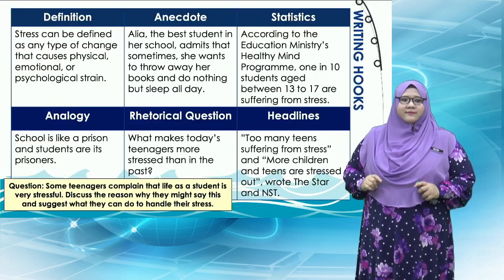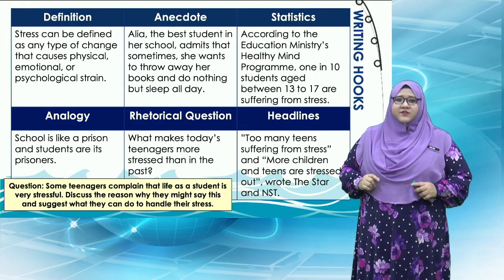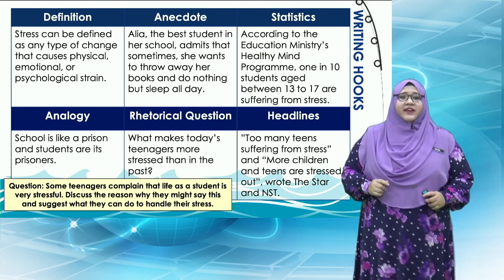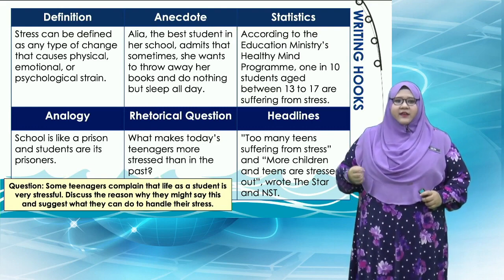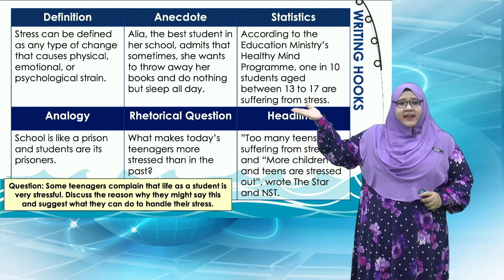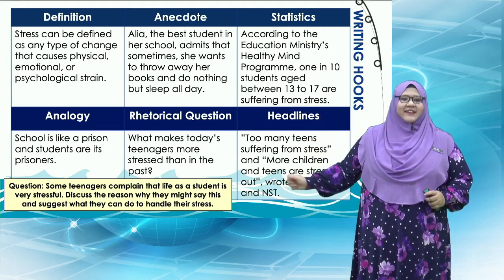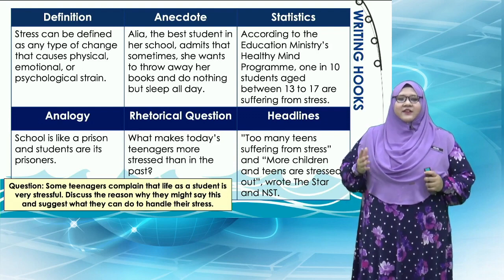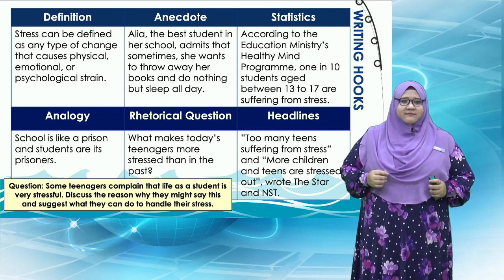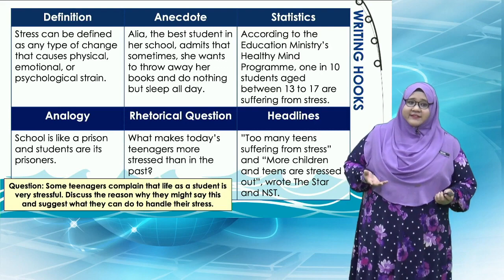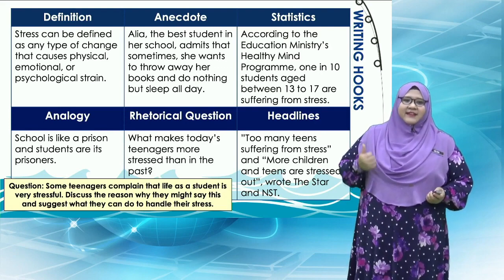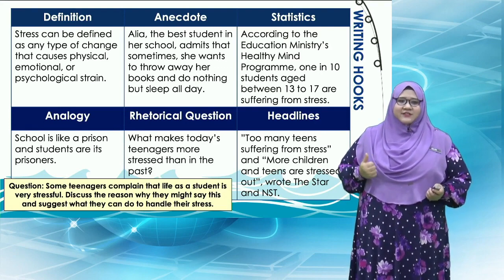Let's move on. So here are some examples of writing hooks that you can use in your writing. Of course, there are many more out there, but today I think it is enough to just look at this 6. Okay, we are still referring to the same question, teenagers and stress, reasons they are stressed, and how to handle their stress.